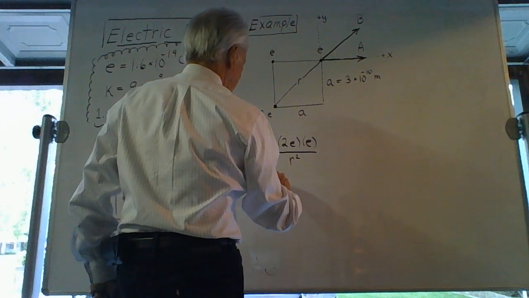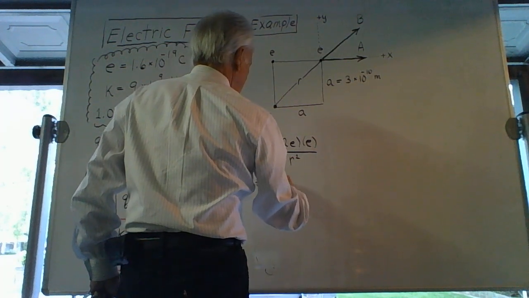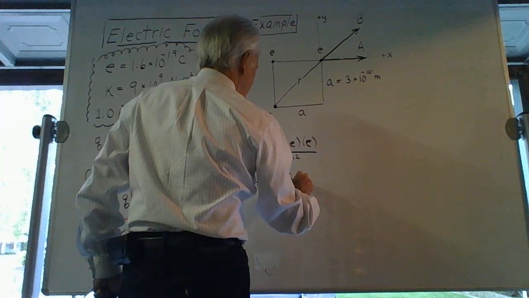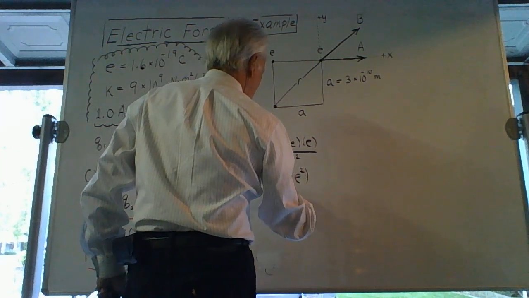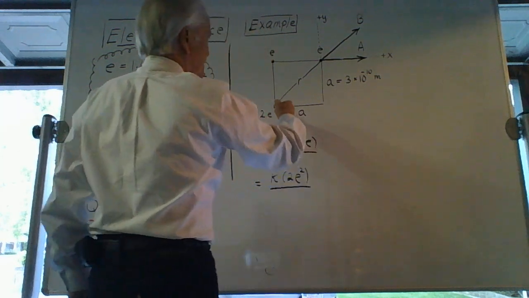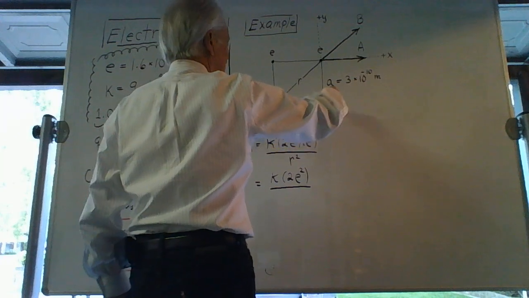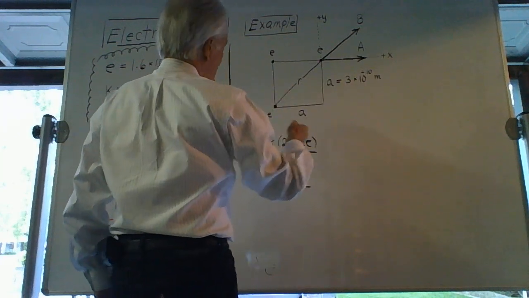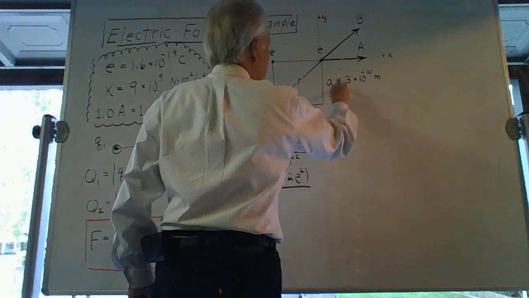This looks like k times 2e squared. r squared is the square of the hypotenuse of this right triangle. So it's equal to the sum of the squares of these two sides.